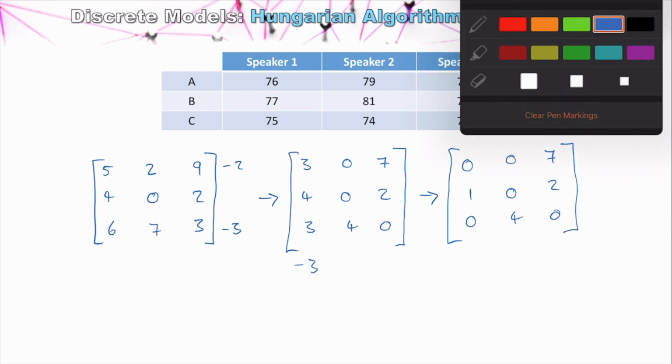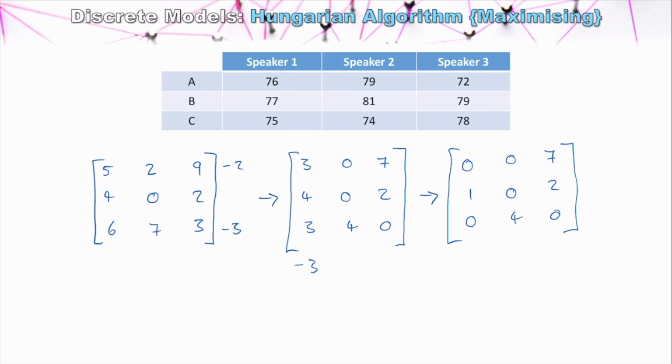We check, can we get it in any less than 3? I can't see any way that we can get it in less than 3, so we're actually ready for allocation. So how would we allocate? Well, we'd definitely go with person B onto that job. If person B is doing that job, that means person A has got to do this job and person C should do this job. So we've got our allocation where speaker 1 should be person A, speaker 2 should be person B, speaker 3 should be person C.